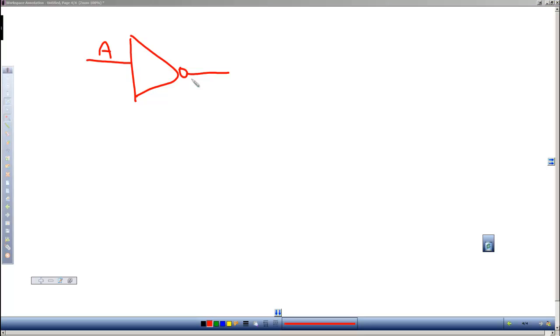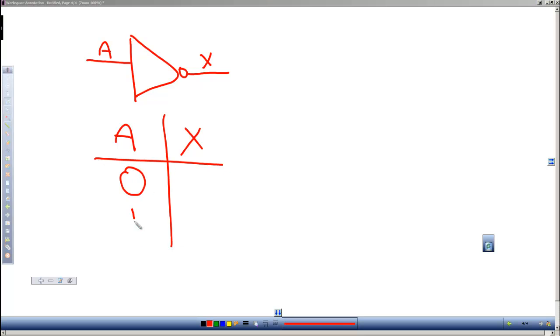So if input of A, output of X, here we've got A and X. A only has two possible values, 0 or 1, and with the inverter, remember, it was the opposite. So if the input was a 0, the output was a 1, and vice versa.